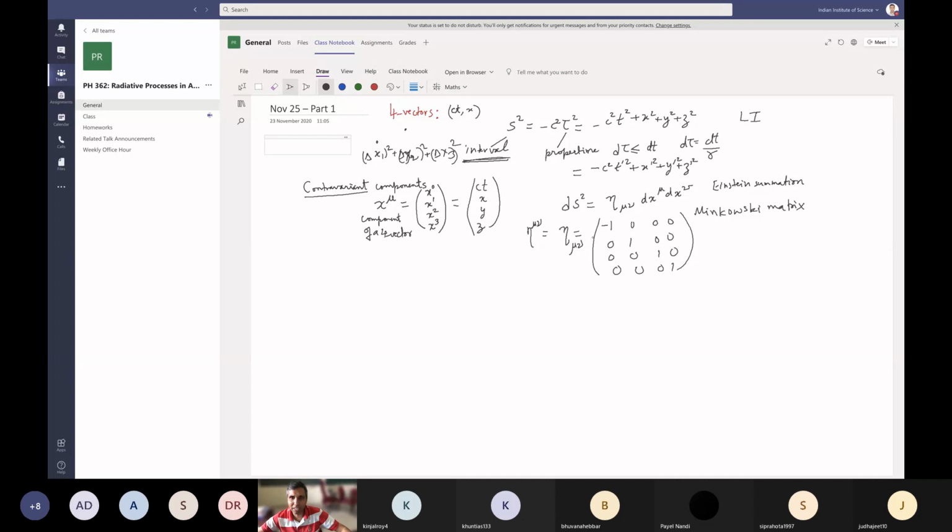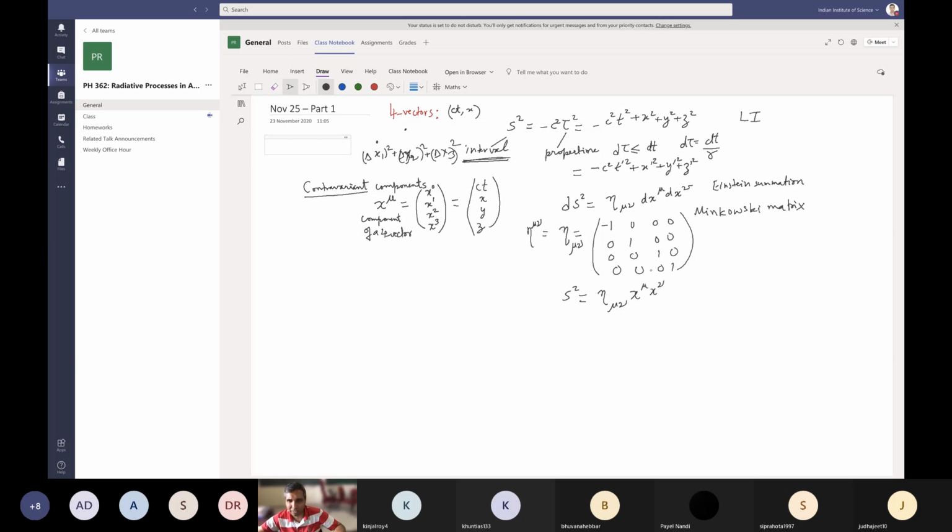So we can write this s squared as eta mu nu x mu x nu, right? If you think about this as a matrix, you can construct it.